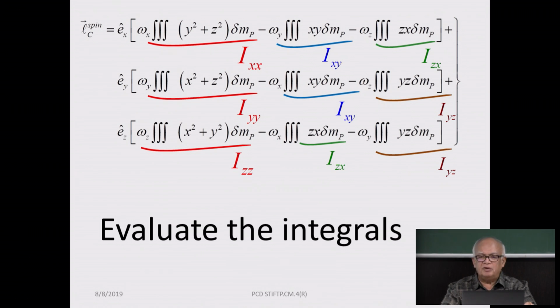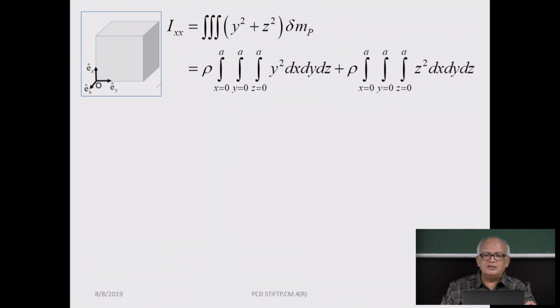So the actual number of integrals is reduced from 9 to 6, okay. So you have these 3 and then 4 and this 5 and 6.